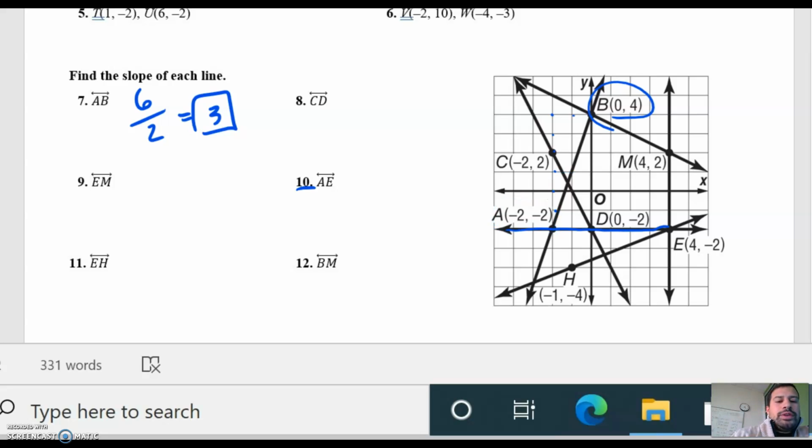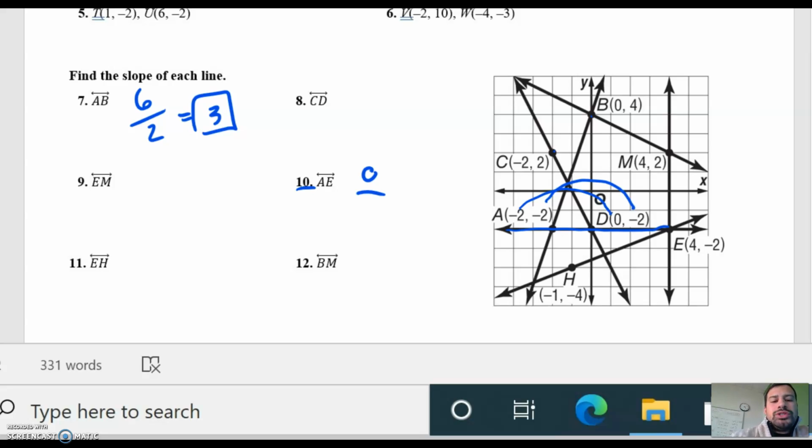Let me erase everything else. So focusing on that flat line, what's the slope? Well, if you count the change in the y's and the change in the x's, you're going to see, guys, that there's actually no change in the y's. From -2 to -2 is no change, right? So that should be 0. And then the change in the x's, -2 to 0.